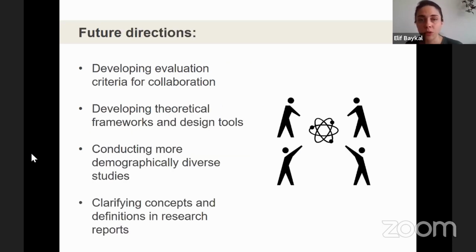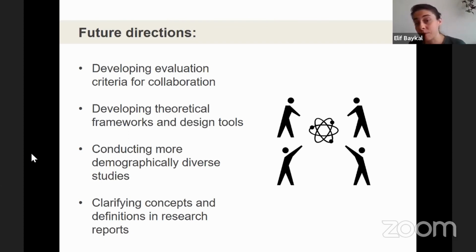But I would like to conclude by presenting the main takeaways of our study, which we suggest as the future directions for this topic of research. We need studies, for instance, developing evaluation criteria to better understand and analyze collaboration and collaborative aspects of interaction mediated by collaborative technologies, developing solid theoretical frameworks and design tools on collaborative interaction.